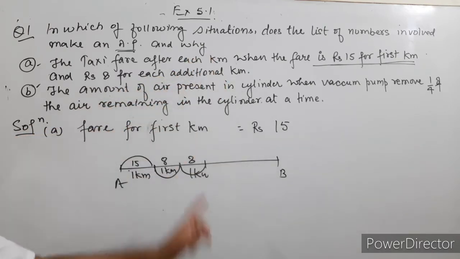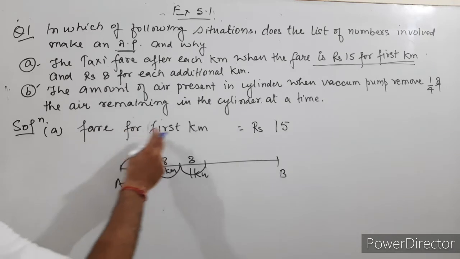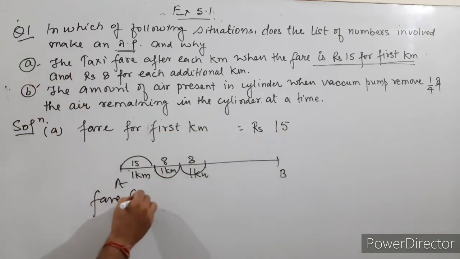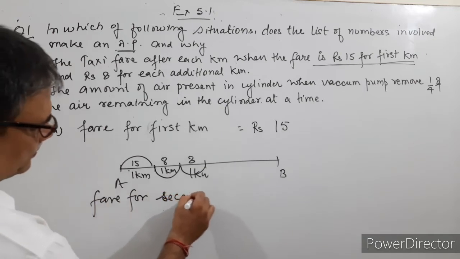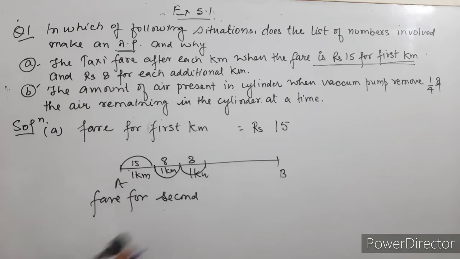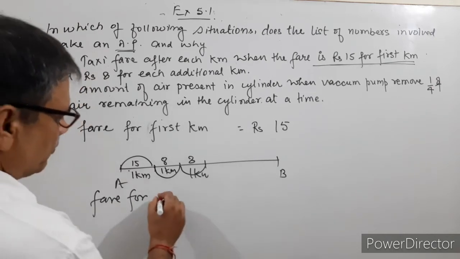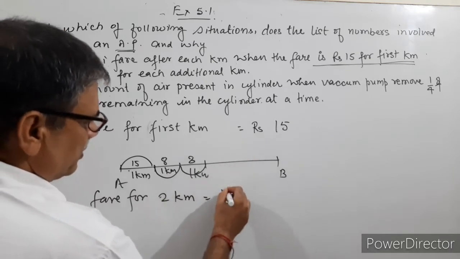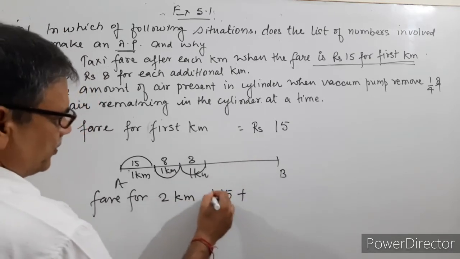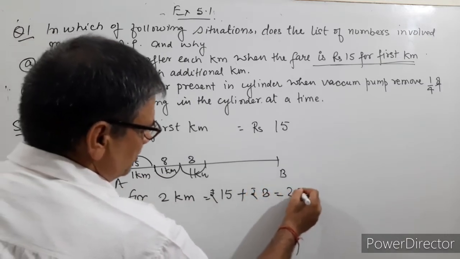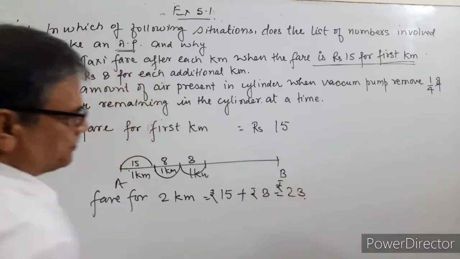It means the fare for the first kilometer is rupees 15, and the fare for 2 kilometers is 15 plus 8, which is 23 rupees.